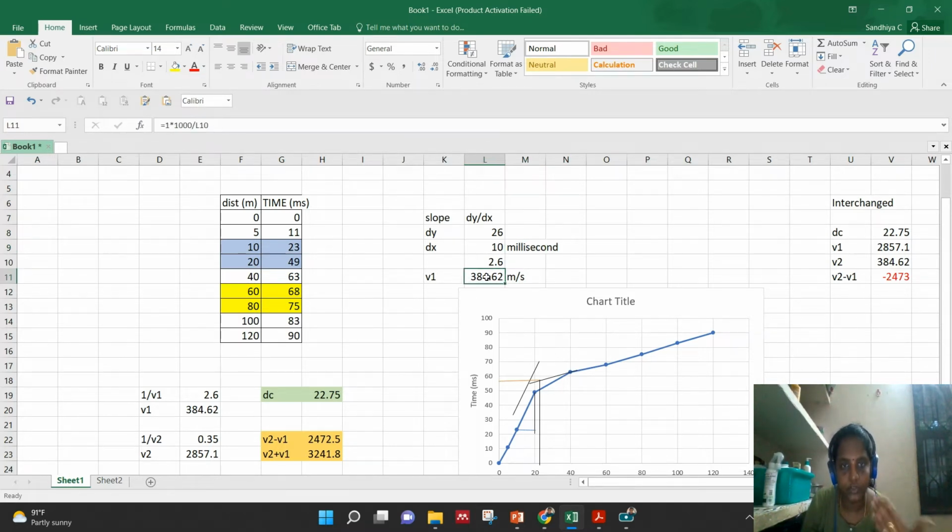When it comes to the numerator it becomes 10 power 3. That is why here it is getting multiplied. Don't think about why millisecond to meter second is multiplied by 1000. This is dy by dx, this is in the denominator, so your 10 power minus 3 is here in the denominator. When it comes to the numerator it becomes 1000. Understood?